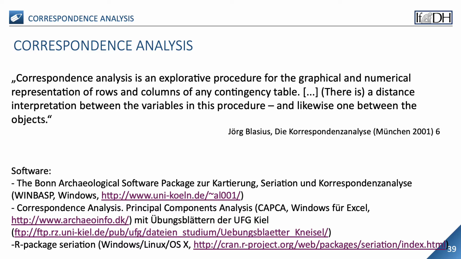Thus, with the help of correspondence analysis, a complex table of dependencies can be easily represented graphically, not only from row to column, but also from column to column and row to row. Here again, the position of the individual markers on the graph is decisive. The further apart two points are from each other, the less the information they represent has in common.